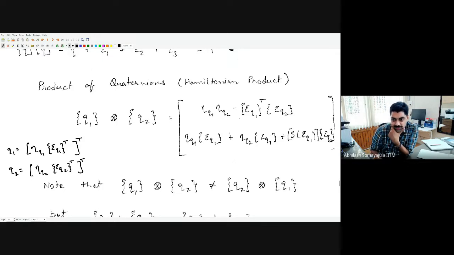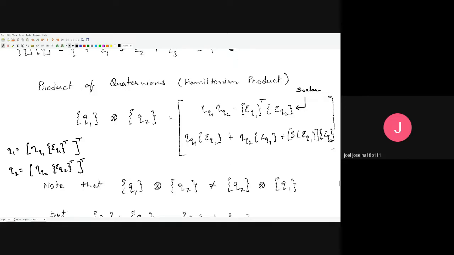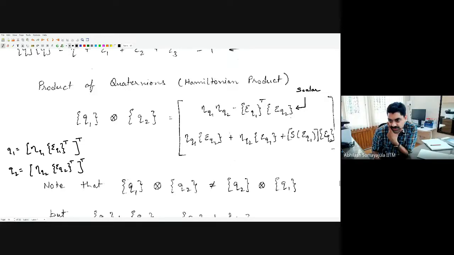Okay, so notice that this value here is scalar. Correct? Everybody with me? Yes, sir. Okay, because this thing is 3 cross 1 and this is 1 cross 3. So when I multiply, I'll get a scalar value.